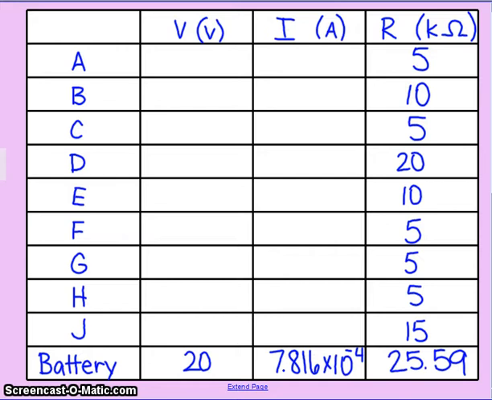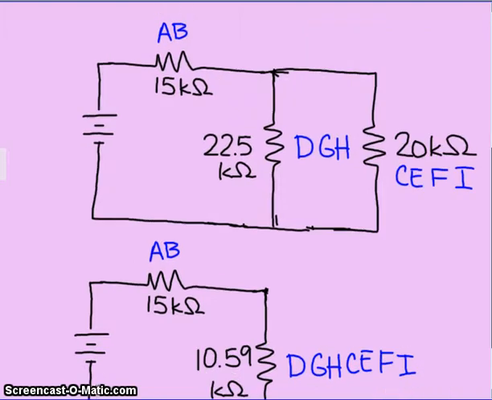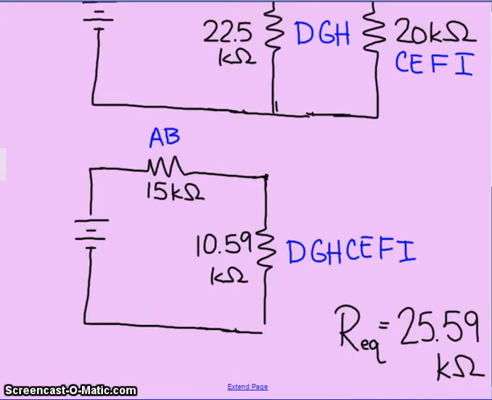Now it's time to start finding voltage and current for each resistor. So I look back at my very last picture that I drew, all the way at the bottom of this page. I have two resistors in this picture, and the two resistors are in series with each other. That means that they have the same current, and the current that travels through them is the same current that travels through the battery.